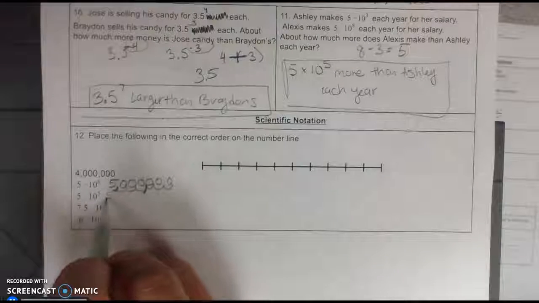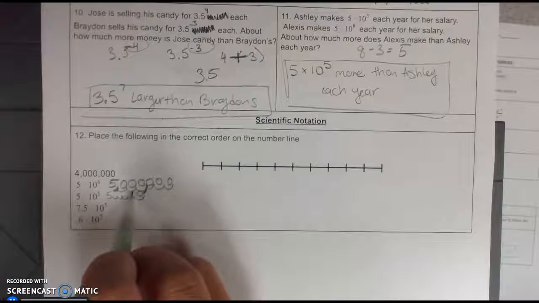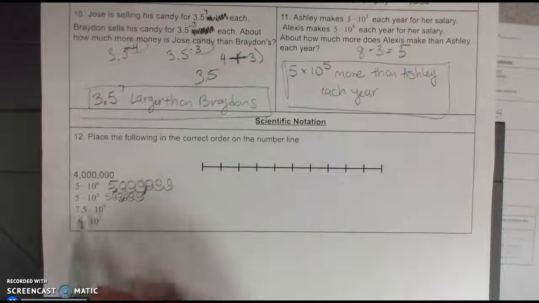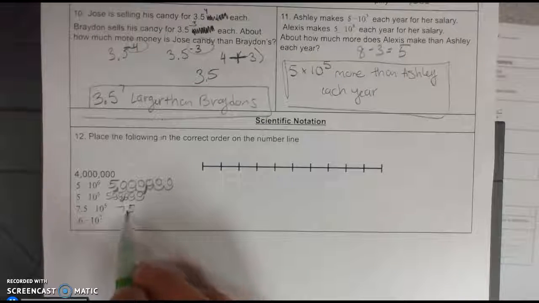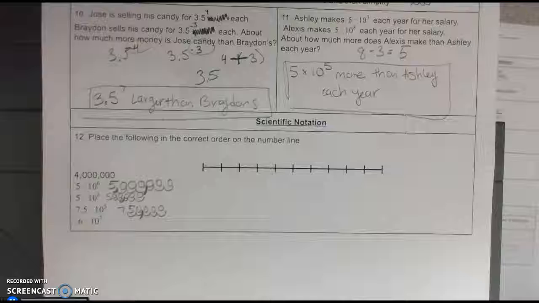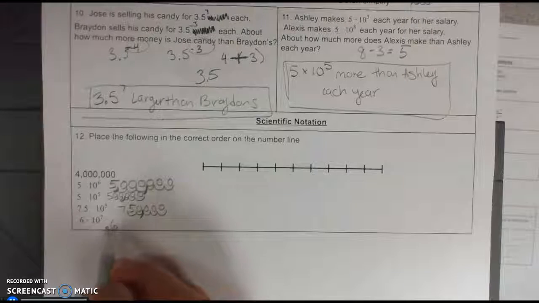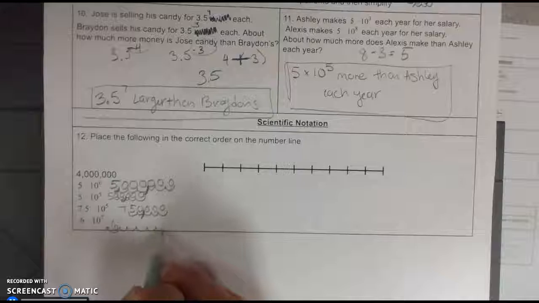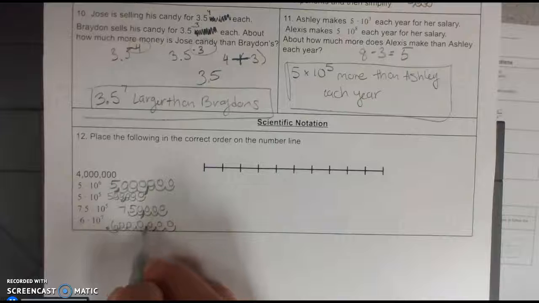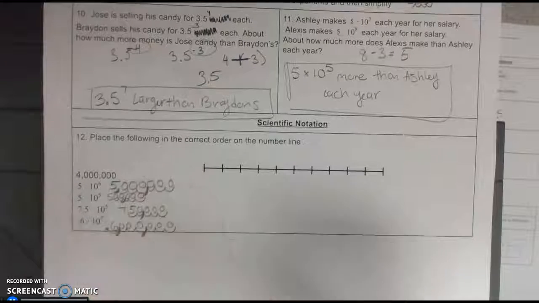For the next one, I'm going to have 500,000. For this one right here, I have 7.5, 1, 2, 3, 4, 5, so I have 750,000. And for this last one, it's 0.6, I have 1, 2, 3, 4, 5, 6, 7, I have 6 million.